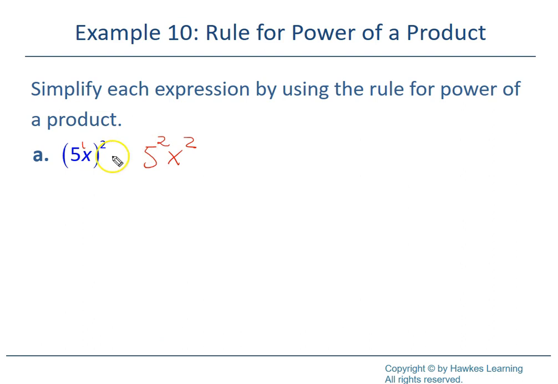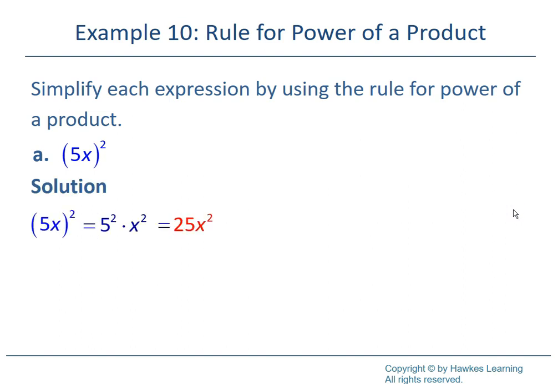And 5 to the second is 25, x squared. Perfect. Now here, remember there's a 1 by each of these. X to the third, y to the third.